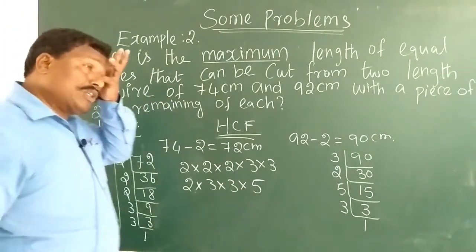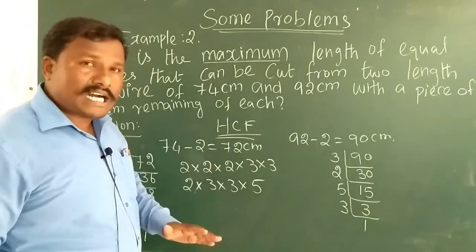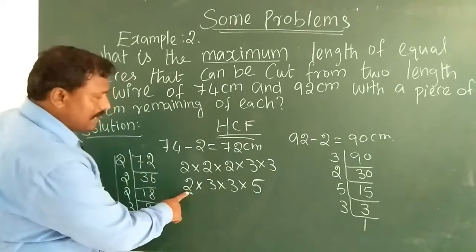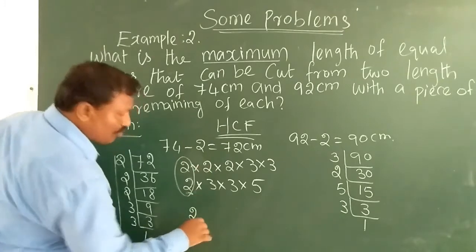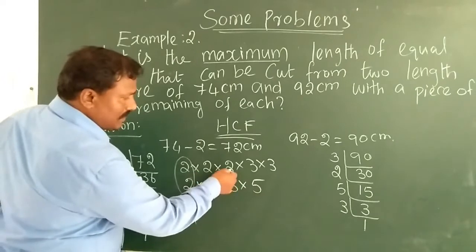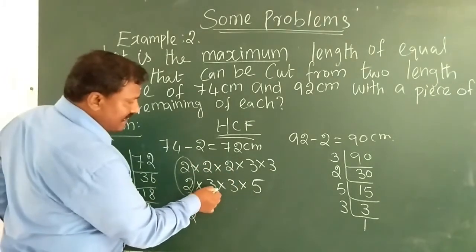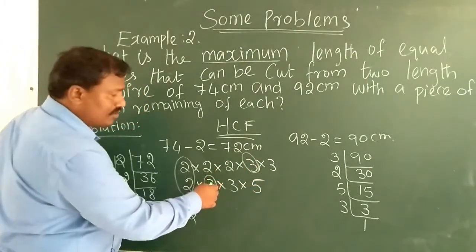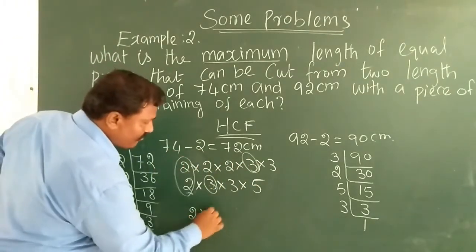So we know the procedure of the highest common factor: we have to pull out the common factors. Here 2 one time, here also one time, so we can pull out one 2. Then here one more 2, but there is no 2 in the other. Here 1 three, here also 1 three, so we can take 1 time.